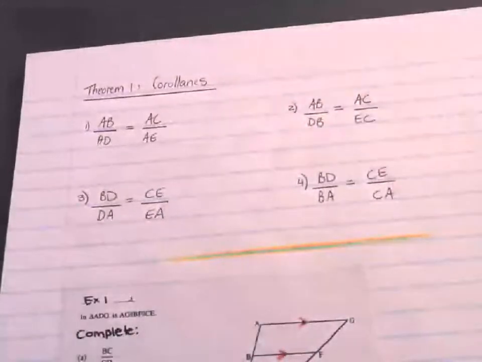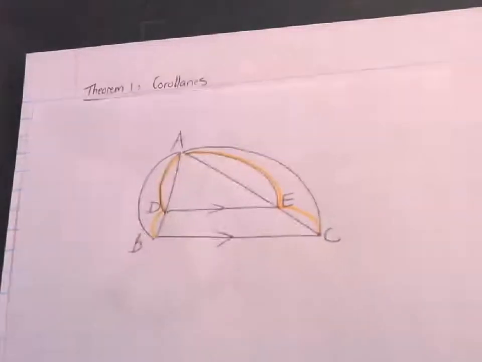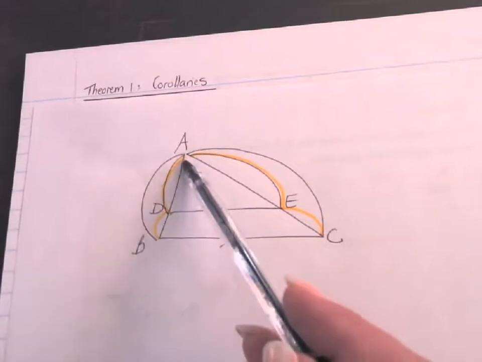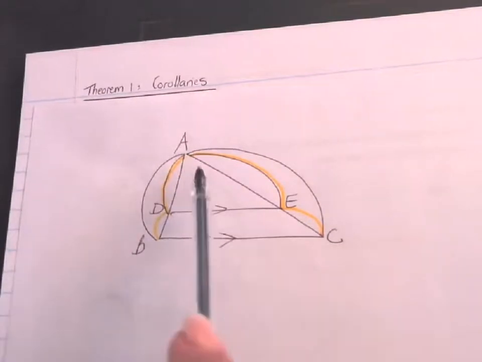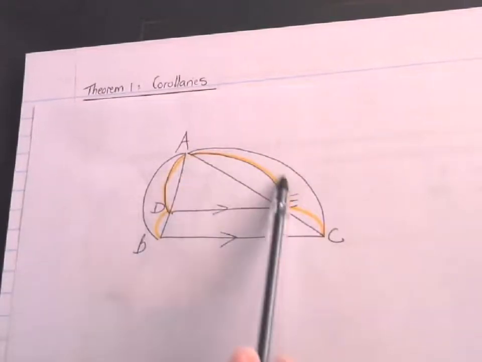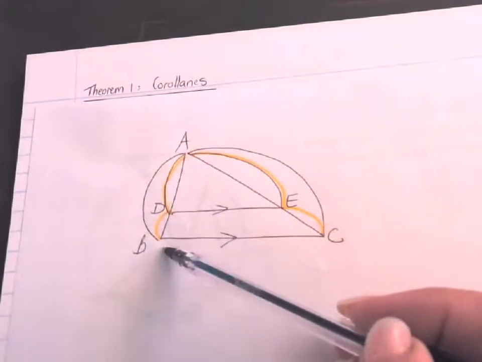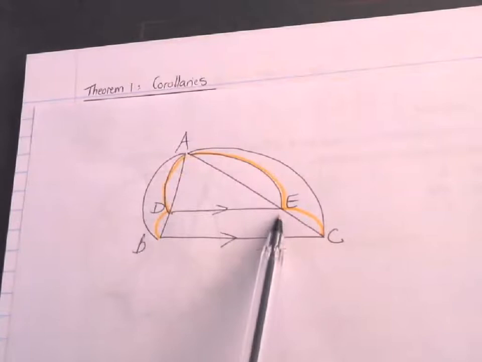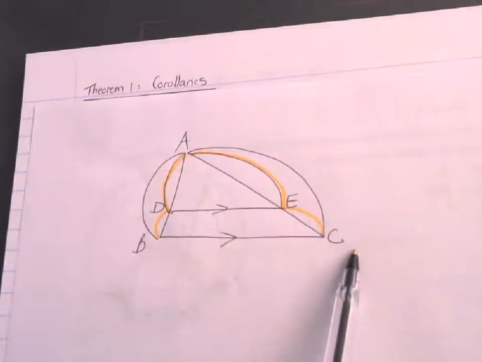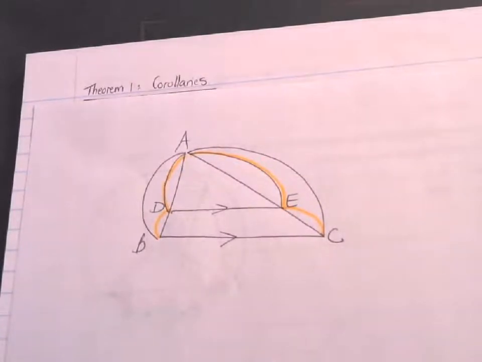It's the ones that I showed you here. That one divided by this one will be the same as that one divided by this one. Or this one divided by this one will be the same as that one divided by that one. Can you see the pattern on the left and the right? It must be the same.